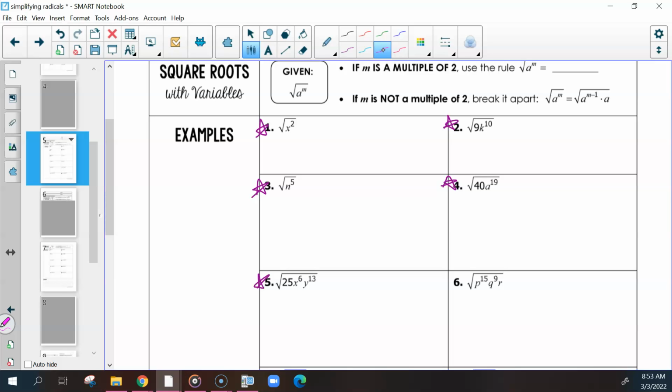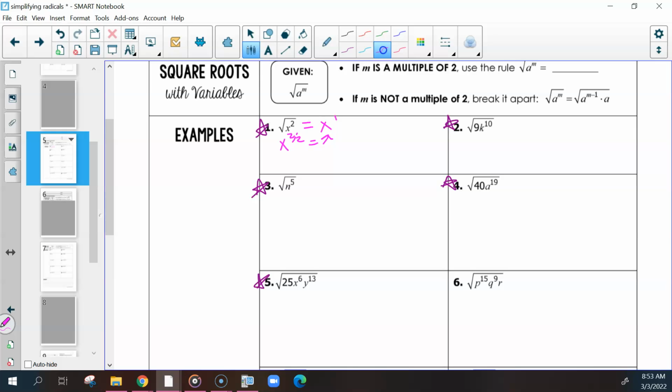So 2 divided by 2 is 1, which means left would be x to the first power. So what I did was take this 2 and divide it by 2 to get x equals 1.